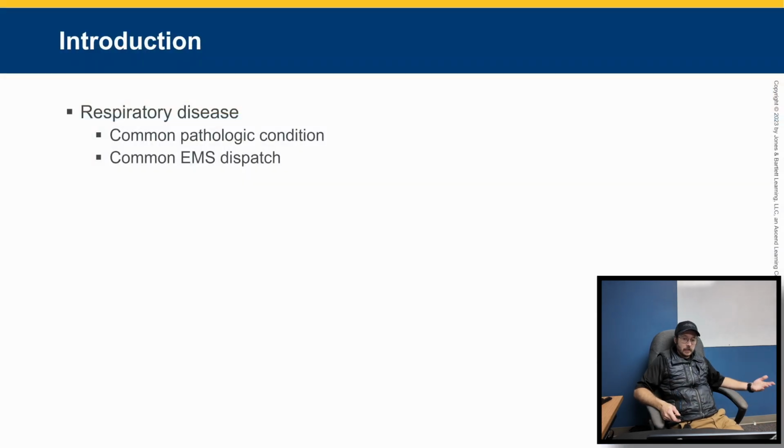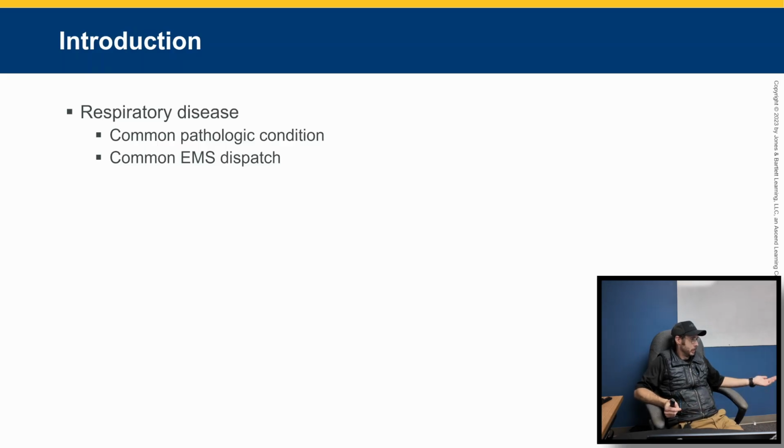Right. So we get into chapter 17, respiratory emergencies. Respiratory diseases are a common condition that you're going to be dispatched to. What percentage of your calls are dispatched as some sort of respiratory component? A decent amount.